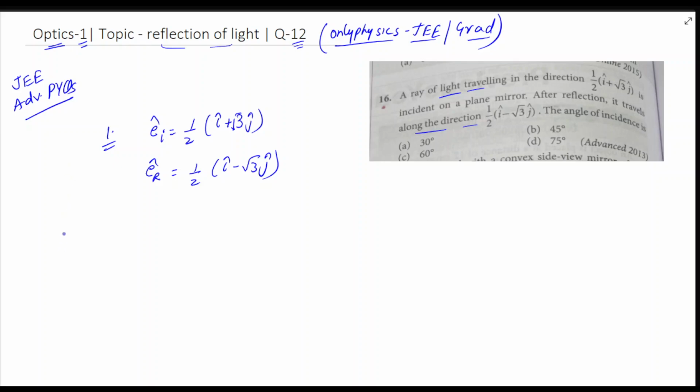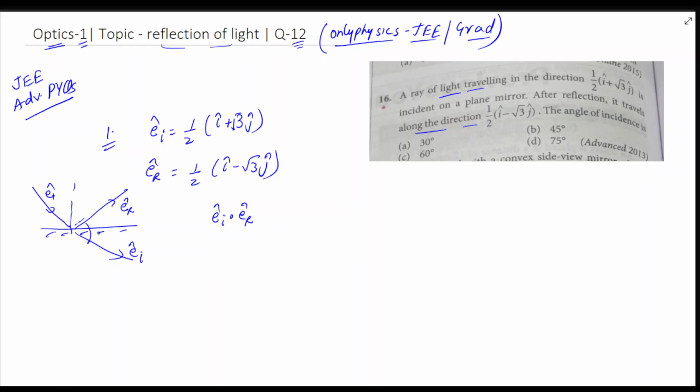Now we know, let's say this is our plane mirror, and if this is EI cap, and this will be our ER cap, right? And this is our normal. So we can make this vector like this. And if we take the dot product of these two, we'll get EI dot ER cap.